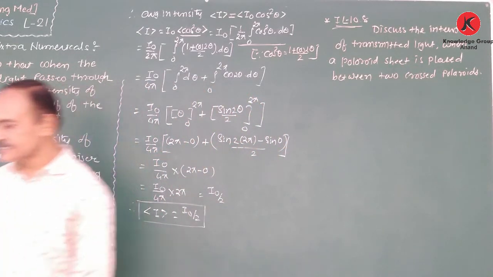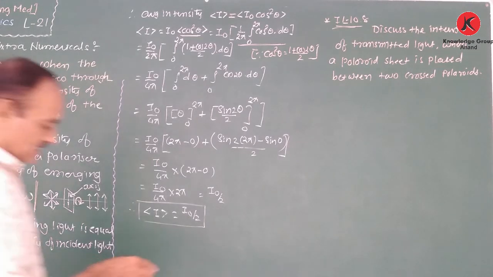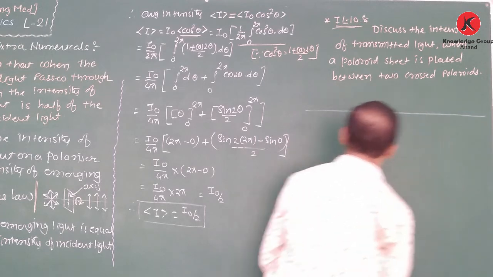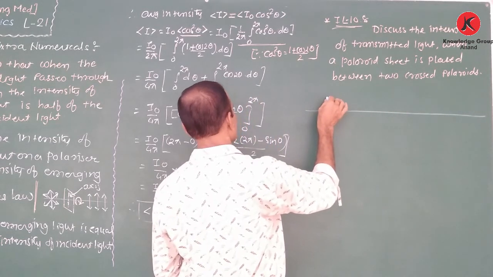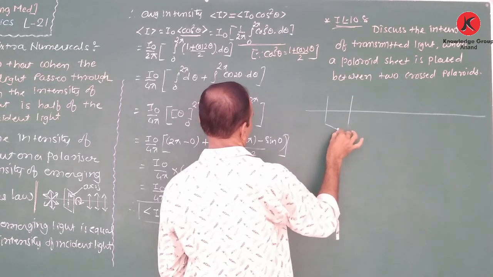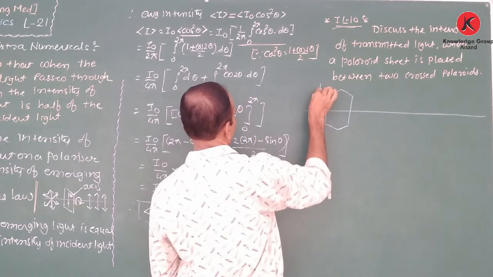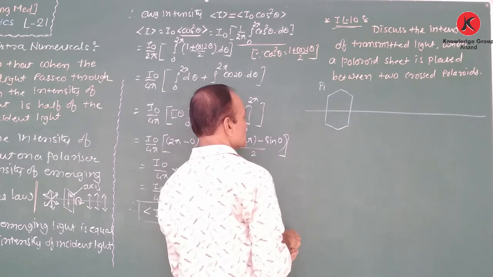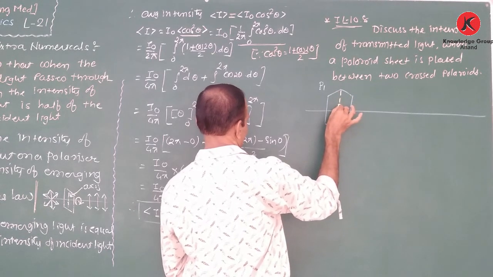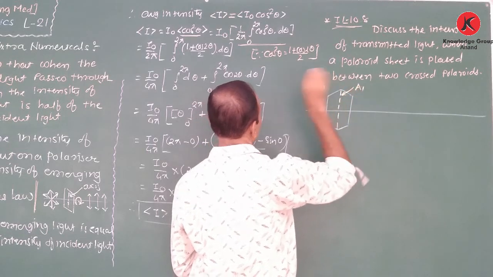Here the situation is this way. So what is the arrangement of these polarizers? The first polarizer is placed like this. The axis of the polarizer is this. That is our P1 polarizer, and its axis is A1.